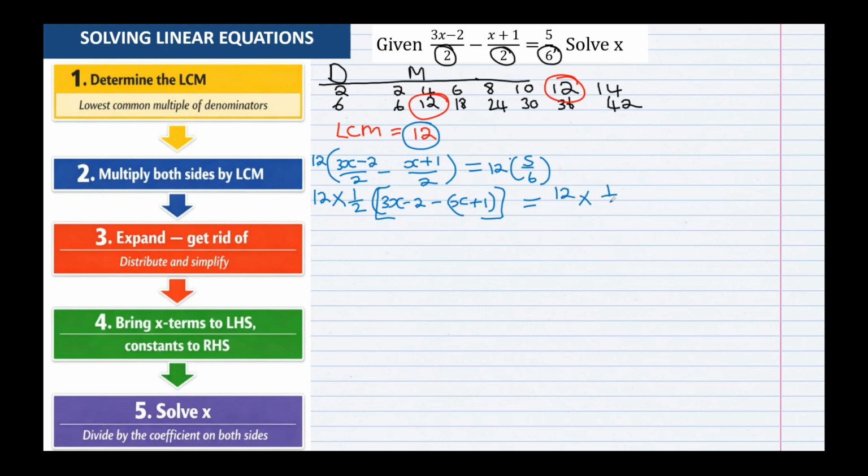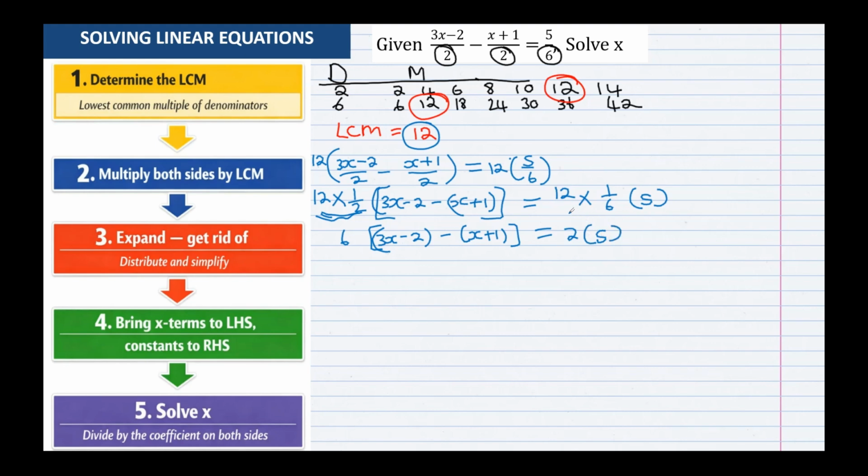So we know 12 multiplied by a half will give me 6, right? So it's going to be 6 multiplied by (3x minus 2) minus (x plus 1) equals. And we know 12 multiplied by 1 over 6 will give me 2 multiplied by 5, right? So this is 2, right?